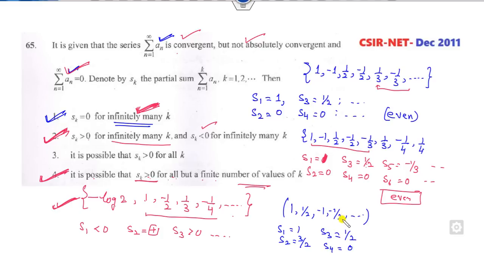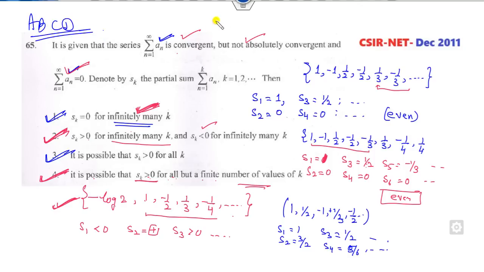So we need it not to be 0. So I can write plus 1 by 3, minus 1 by 2 separately. So it will be 5 by 6 and so on. So you can define a sequence which is positive for all k. So this is also the right option. So all are correct options, therefore A, B, C and D are correct.